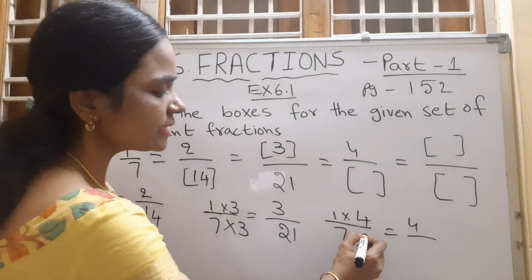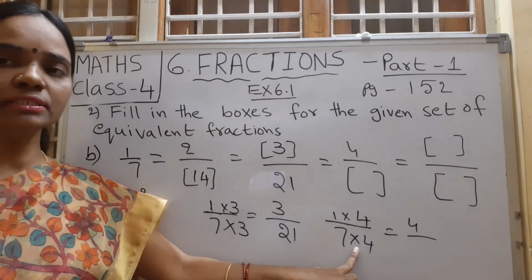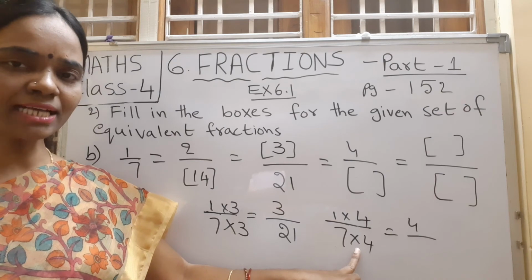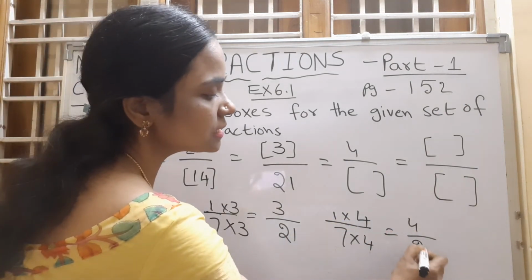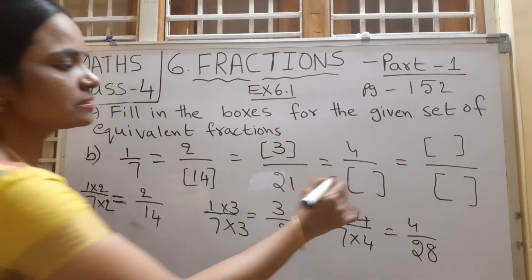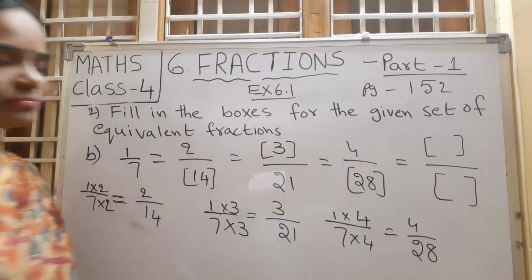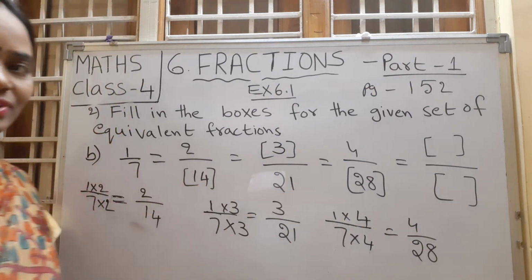And so denominator also multiplied by 4 only, because up and down should be multiplied by the same numbers. So 1 into 4, 1 4s are 4, 7 4s how much children? 28. So here 4 by 28. Yes.